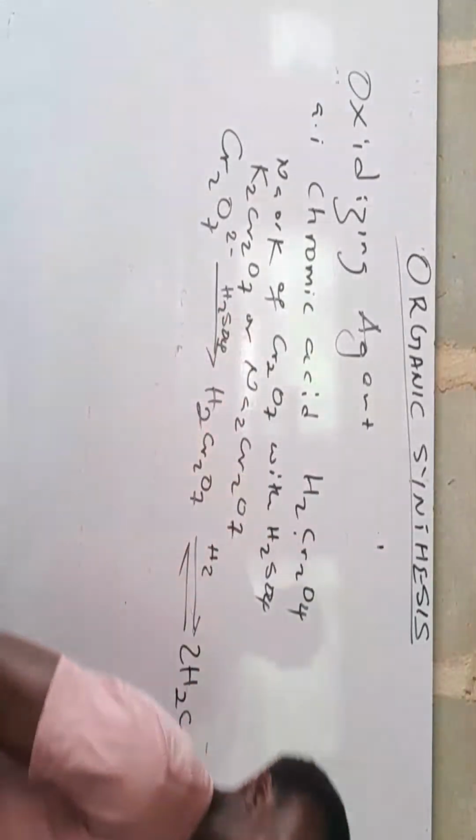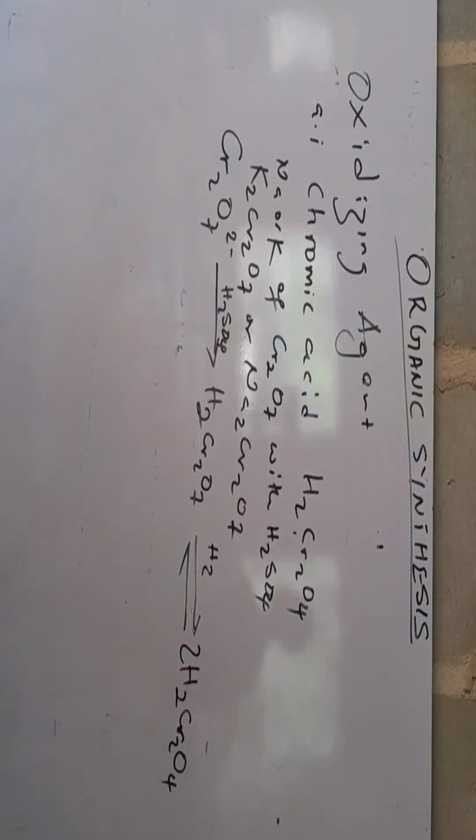Now, if you look at what we have on the board, this is the equation for the preparation of the said compound. Which compound? The chromic acid, a good oxidizing agent, which has various applications.